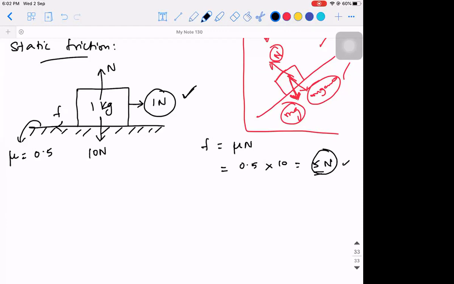But does the frictional force need to use all the 5 Newton to stop me, or can it use only 1 Newton and stop me? I'm repeating the question. I have applied 1 Newton force. I know that the floor can offer me 5 Newton force. When I applied 1 Newton force, how much frictional force should the floor exert on the block to stop it?